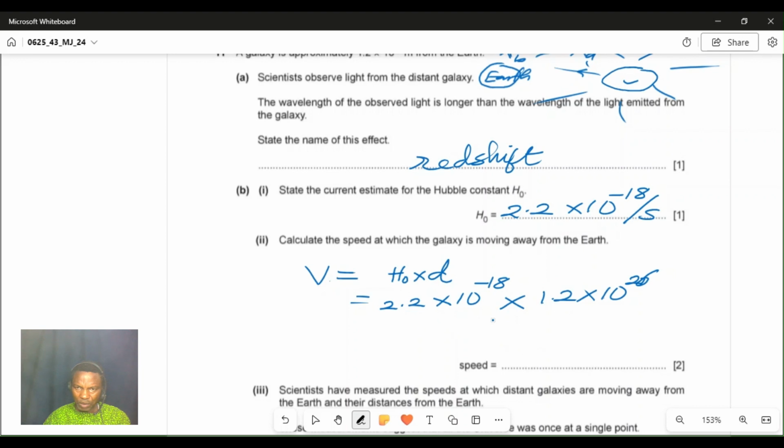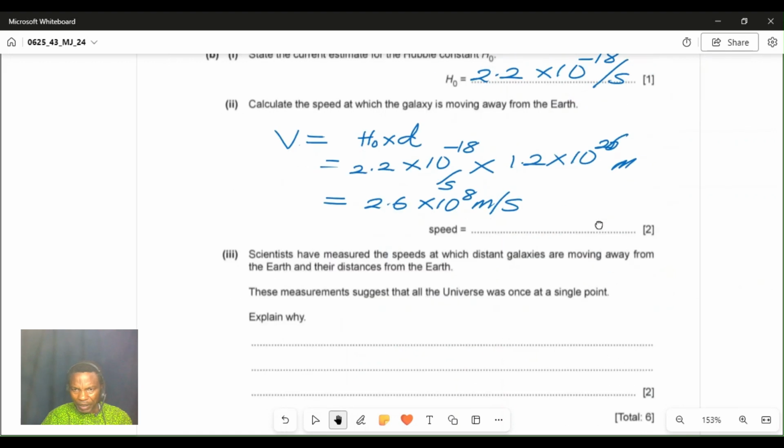This is per second, and this is meter, so the speed is meter per second, and that will give 2.6 times 10 raised to power 8 meter per second. So that is the speed of the galaxy from the Earth.